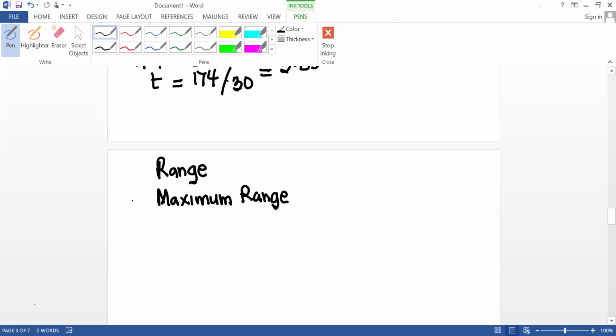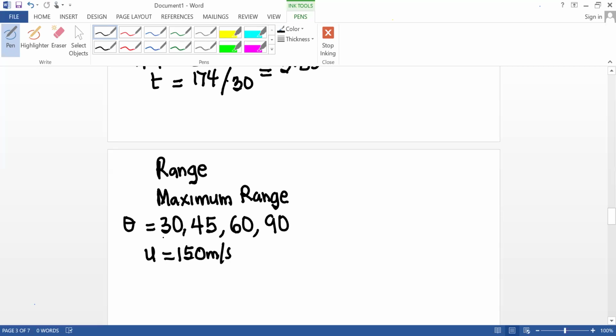Let's vary the angle of projection. So calculate the range when theta is 30, when theta is 45, when theta is 60, and finally when theta is 90, and then give me your answers. The velocity of projection is still 150 meters per second. All that you are doing is varying theta.